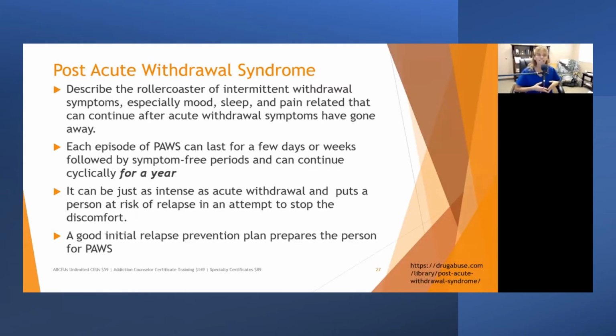Each drug has a slightly different post-acute withdrawal syndrome profile, so it's important to educate clients about what they can expect. So if they start having drug dreams or really bad cravings again, they don't feel like they are helpless. They don't feel like they have fallen off the wagon or done something wrong. They understand that this is coming, and they're prepared for it as much as possible.